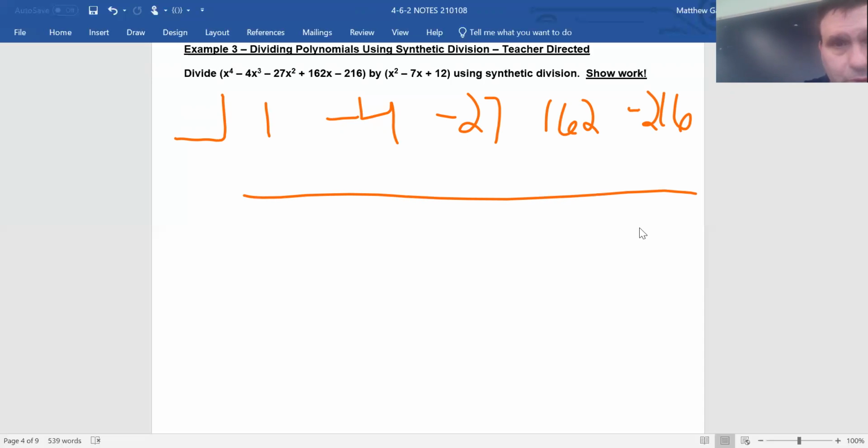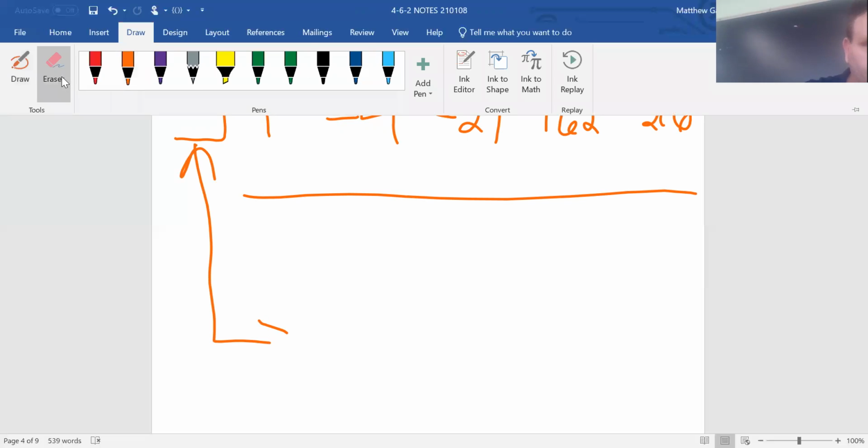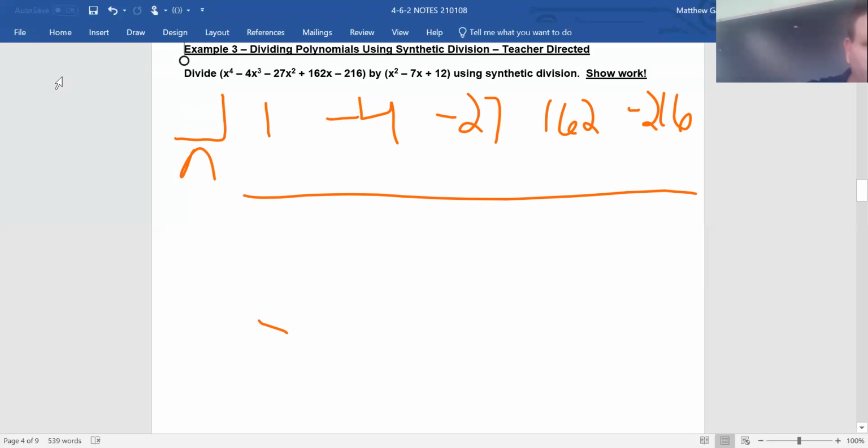Now the question is, where do we find the excluded values? It's a little bit complicated. I'm going to do this separately. You have a choice here of starting with one or the other. The rule is when you find your excluded value, you set the denominator equal to 0 and you solve for x.